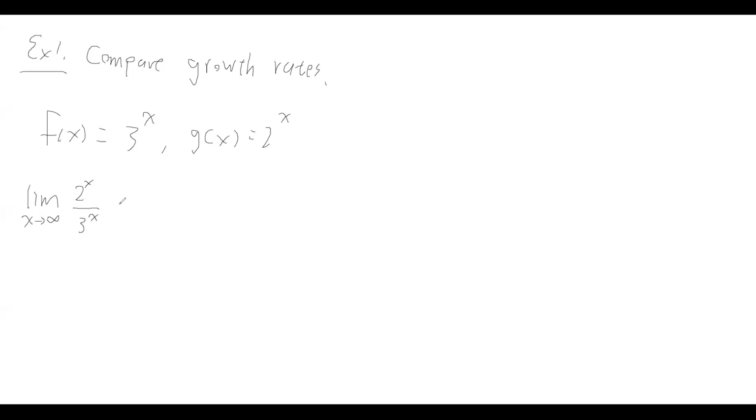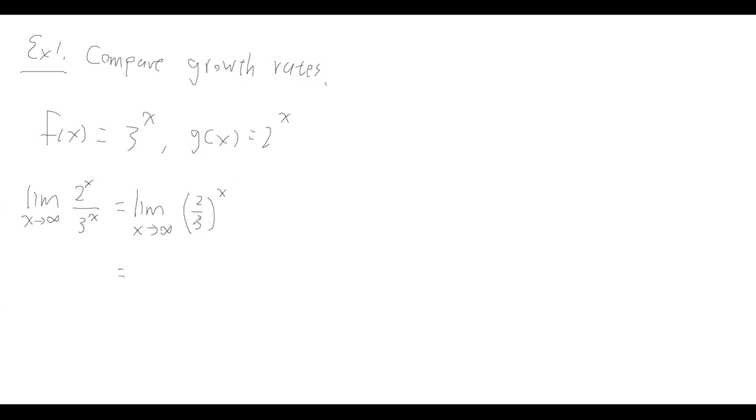Of course, if you just evaluate x at infinity, you get infinity over infinity, which is not that informative, but there is some property that you can use from exponential functions, that is the power rule. So what I'm going to do is rewrite this as 2/3 to the power of x.